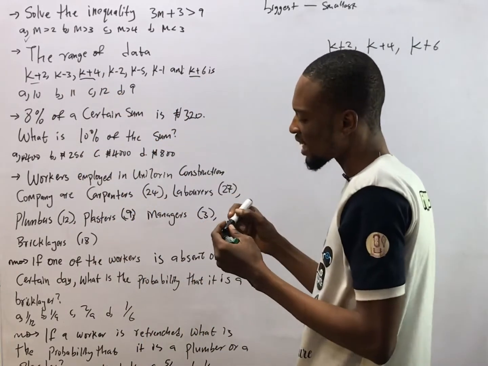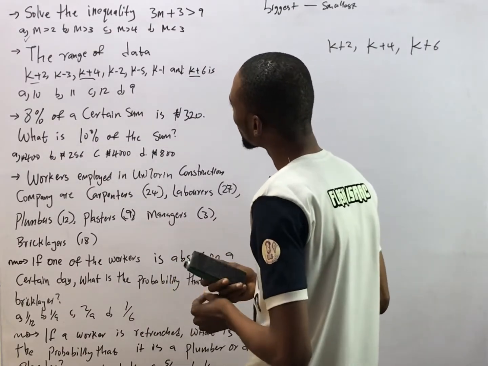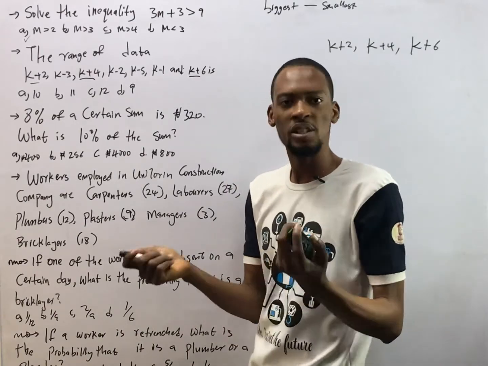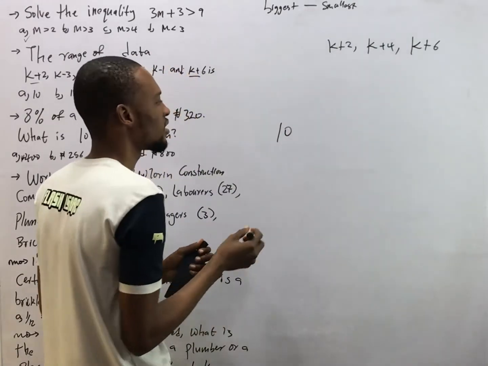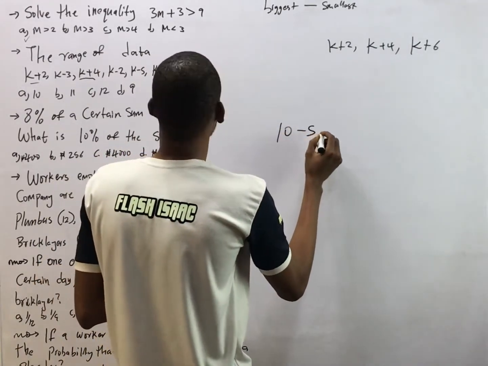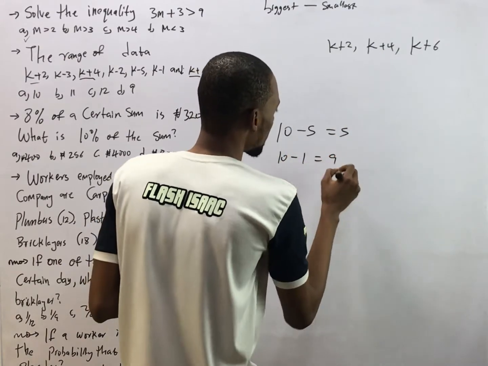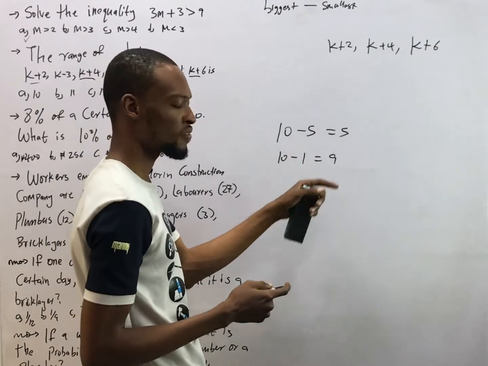So the remaining values are negative values. K minus 1 and k minus 5, which do you think is bigger? Let's do it this way. Let k be 10. If k is 10, 10 minus 5 will give you 5, and 10 minus 1 will give you 9. So this implies that 10 minus 1 is bigger than 10 minus 5.